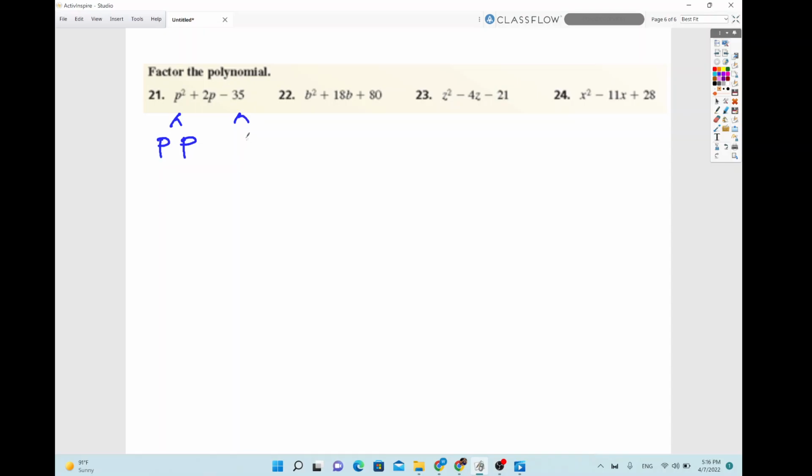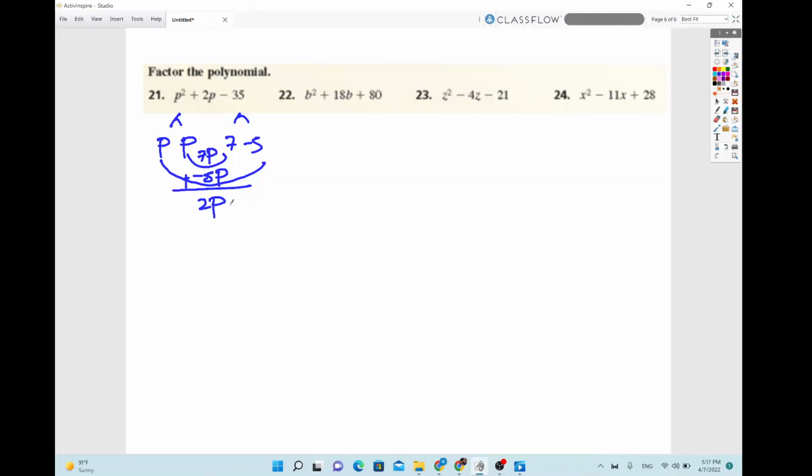So for negative 35, I would like to put it this way as 7 and negative 5. The reason is that 7 times p would be 7p. See the inner product? And then the outer product, negative 5 times p right here, so negative 5p. Combine them, and that'll be 2p. Okay, so same as what we have here in the middle. This is just a little indicator so you know you're getting the right factored form.